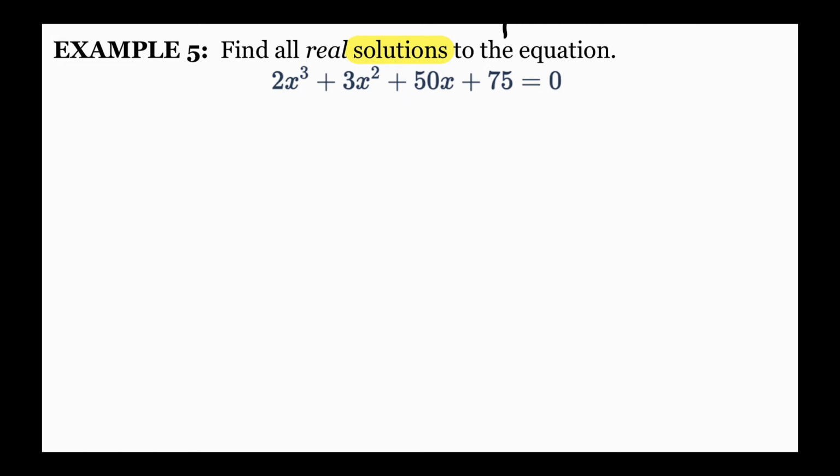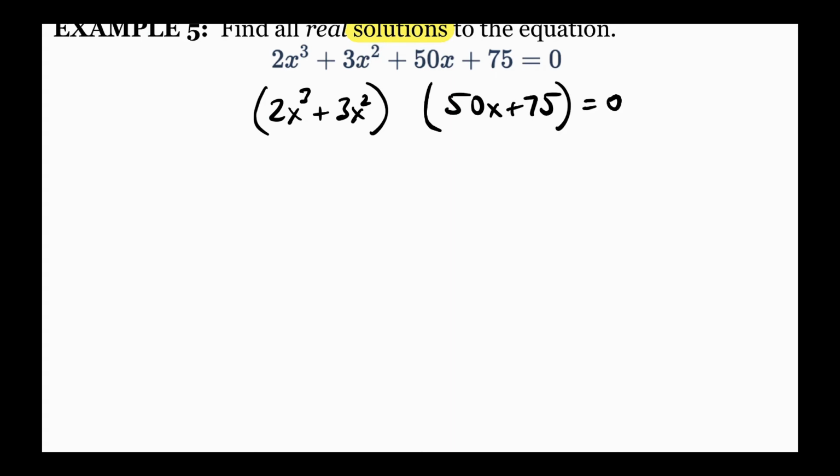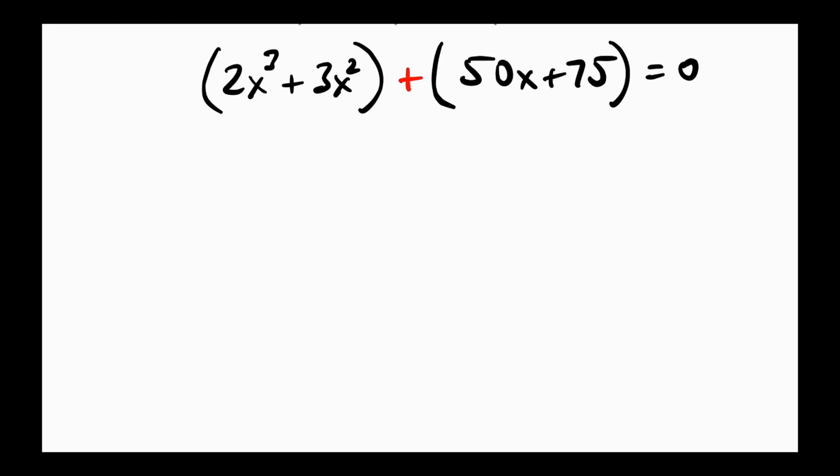So how many answers should I get for this guy here when I'm done? 3. Okay, all right, so here we go. No GCF, big GCF, I should say. So I'm going to put the first 2 into a group, put the second 2 into a group with the plus sign in the middle. GCF of the first one, x squared is the biggest thing that can go into both.